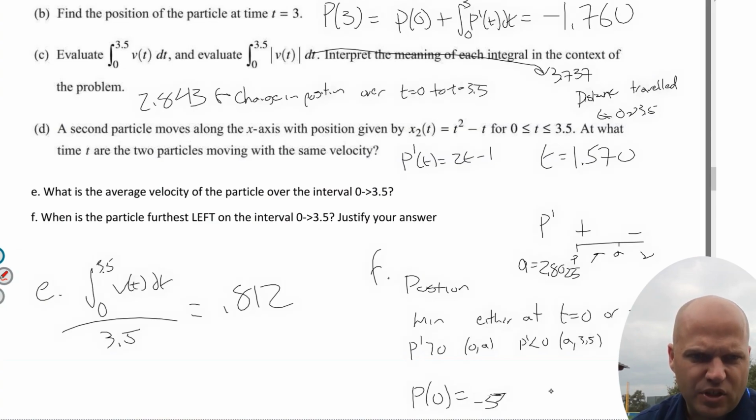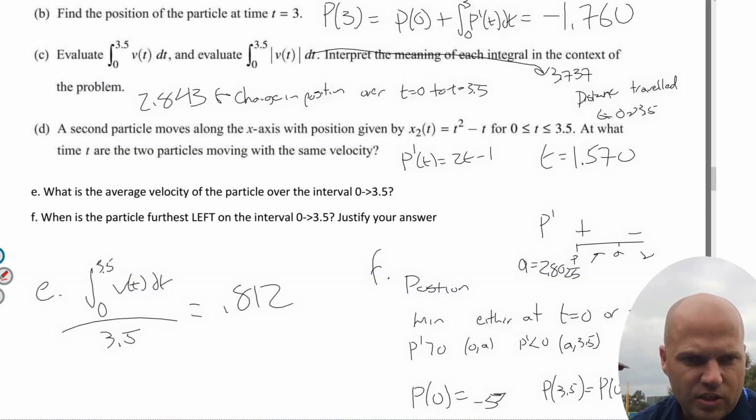I just need to find my position at 3.5. You could split it up, you could do whatever you want. I'm going to just easily do it by doing position at 0 plus my overall displacement from 0 to 3.5.